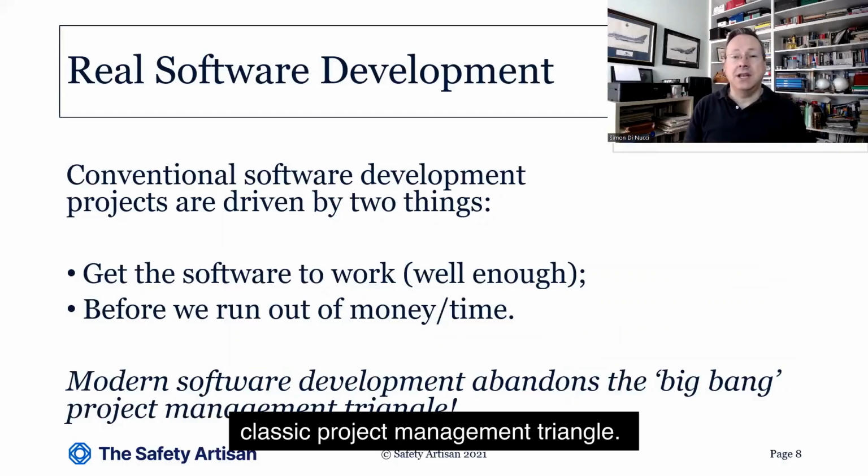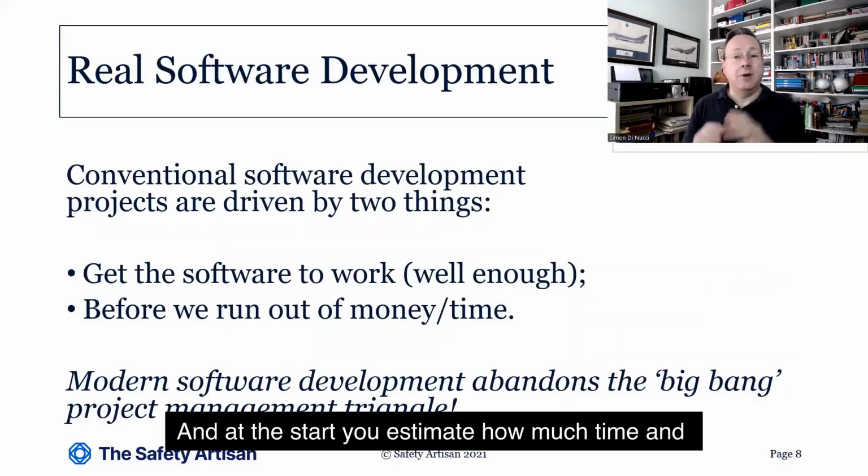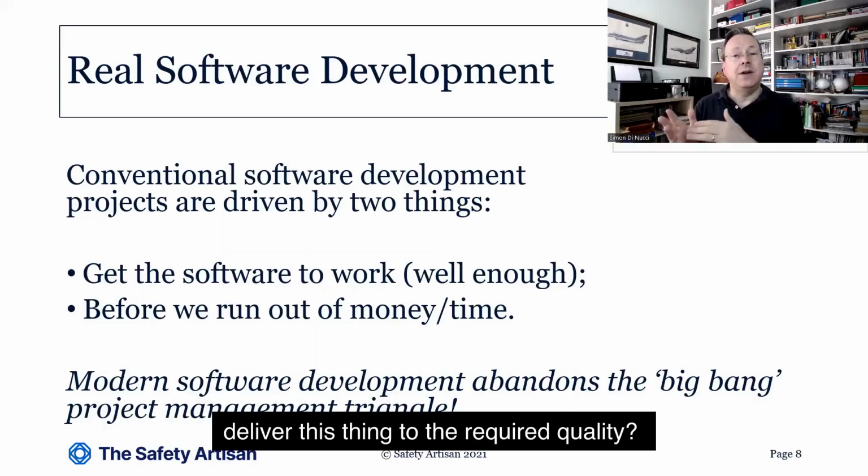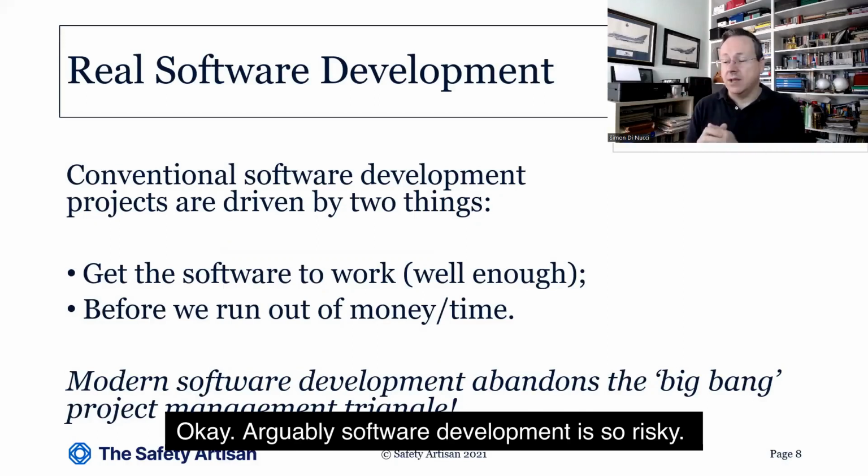So that's the classic project management triangle. And at the start, you estimate, well, how much time and money is it going to take to deliver this thing to the required quality, okay?